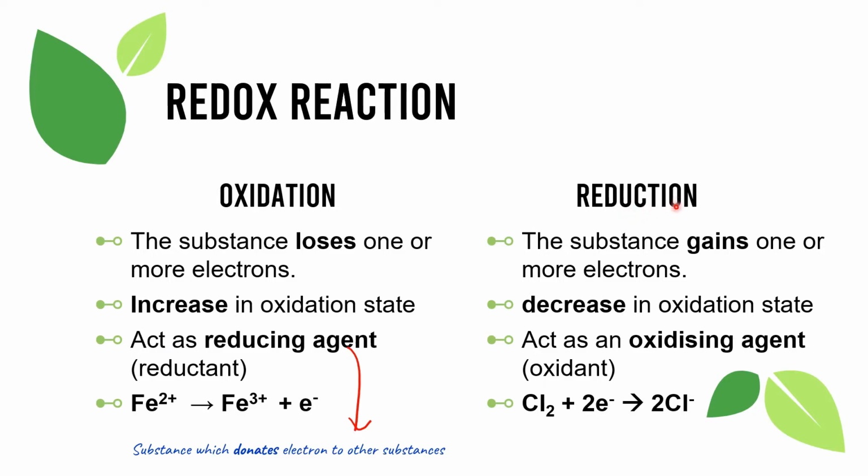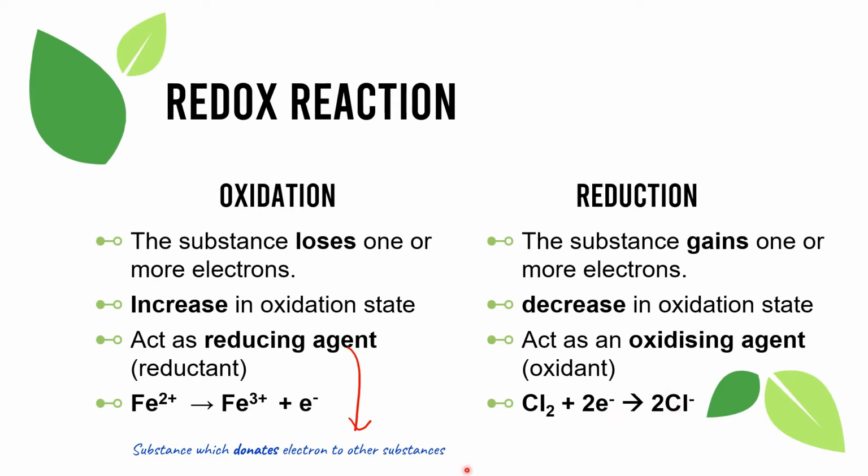Reduction is the opposite of oxidation. In reduction, the substance gains one or more electrons, and there will be a decrease in oxidation state or oxidation number. As you can see in these half equations, Cl2 accepts electrons to become 2Cl-.